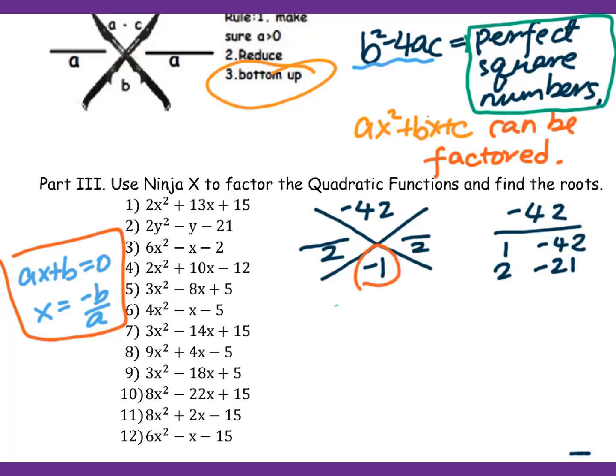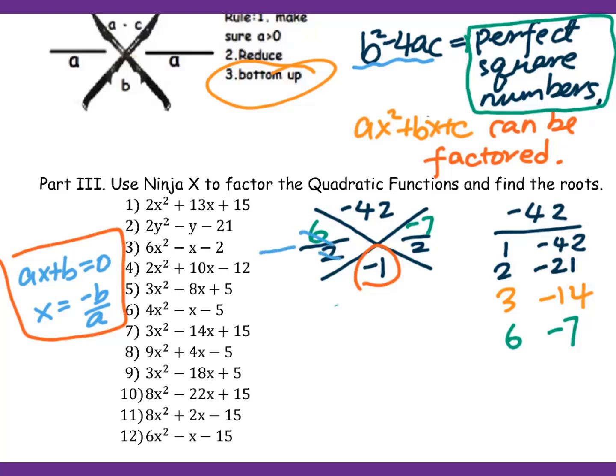Adding, try to get negative 1. 3, that's a negative 14. Adding is not negative 1, so keep going. 4 doesn't work, 5 doesn't work, 6, you got negative 7. That's the answer. So I got 6, here's negative 7.